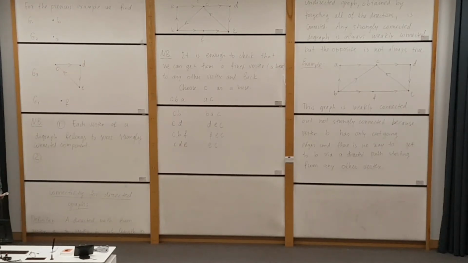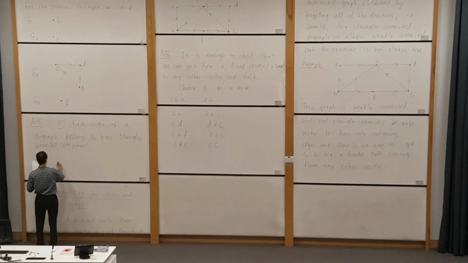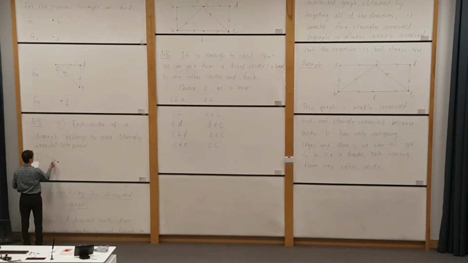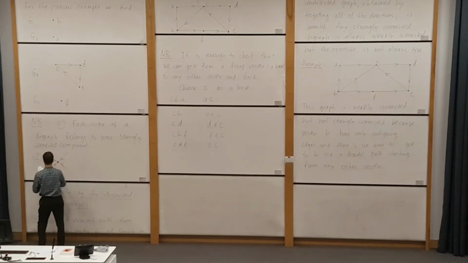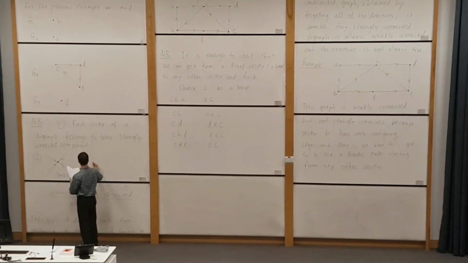Second remark, whenever we have sinks or sources, they form strongly connected components containing just those vertices. Here's an example of the sink. These are sinks.